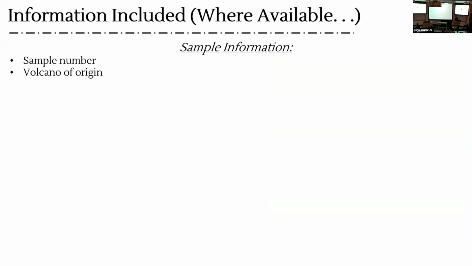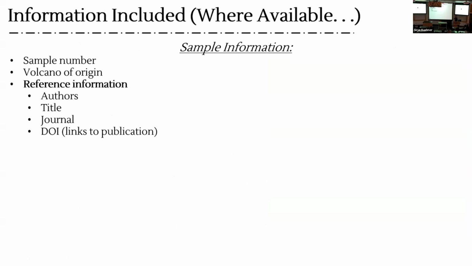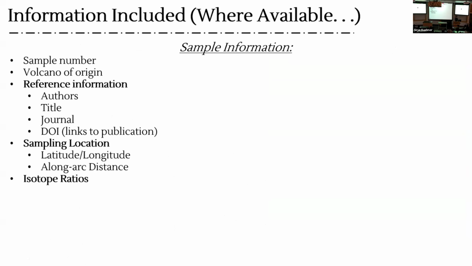The information I'm including, where it's available, is sample information: the sample number and the volcano the sample's from, and also all the reference information, like the author, the title of the paper, the journal, and the DOI with the link to the publication, so you can just click on the publication and go right there. Also sampling locations, like the latitude, longitude, and along-arc distance as per Matt Lowen's model, which helped me plot it better.